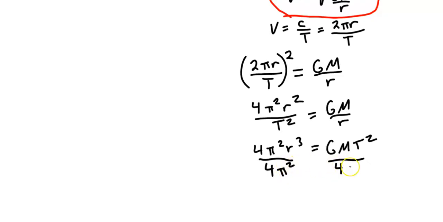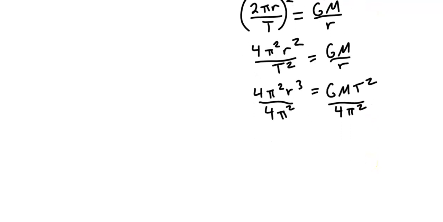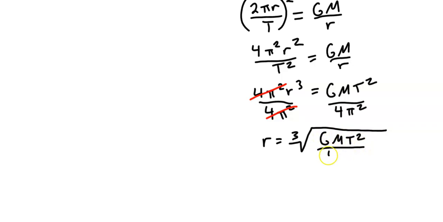I do really well in this derivation if I make it through without dropping off a square from something somewhere along the way. But anyways, there goes that. And then we'll just cube root everything, and so we'll get r equals the cube root of GMT squared over 4 pi squared.